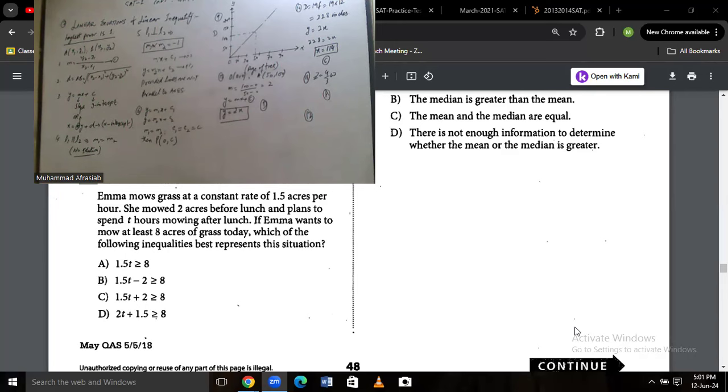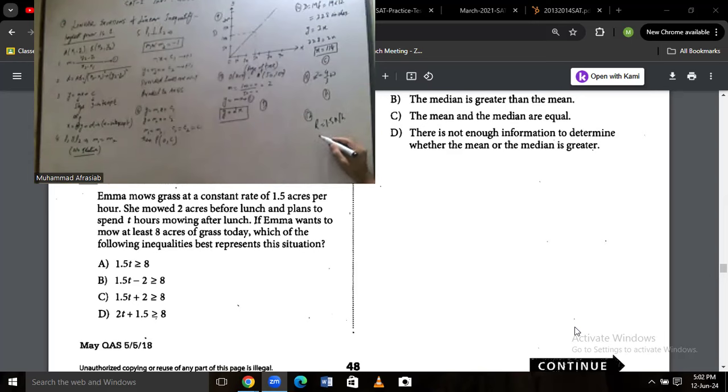If Emma wants to mow at least 8 acres of grass today, which of the following inequalities is true? So the rate is 1.5 acres per hour.